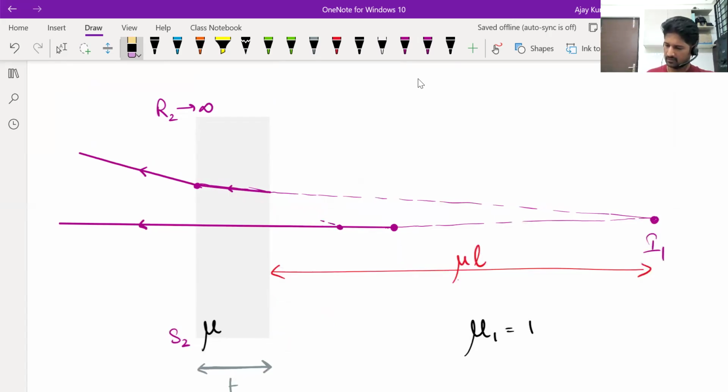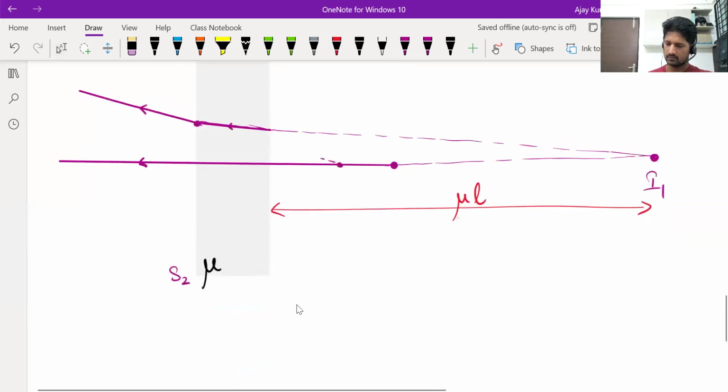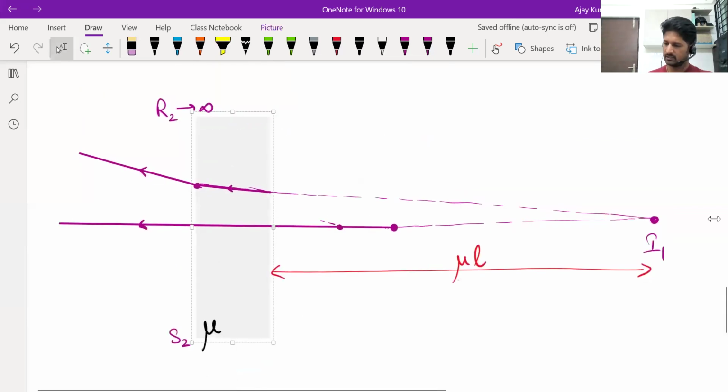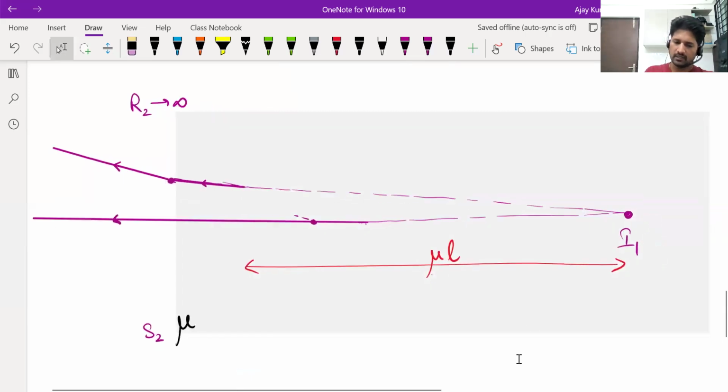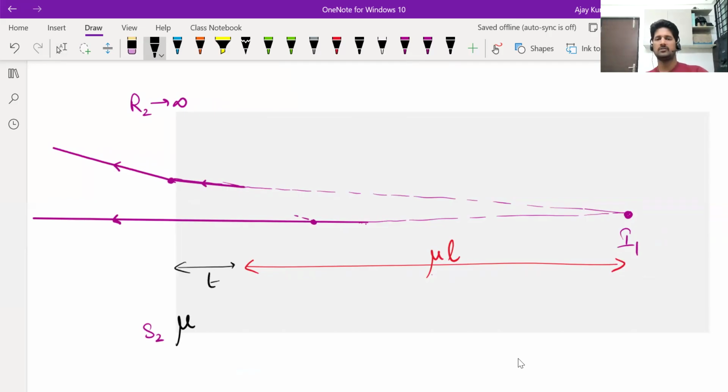S1 doesn't matter. This refractive index doesn't matter. You can imagine it something like this now. And how far is I1 from the second refracting surface? This was T. So total distance is T plus mu L now. That will be treated as the actual distance now for the second refraction.